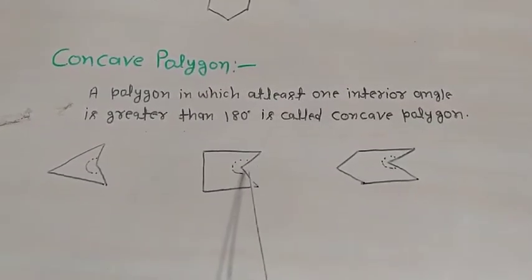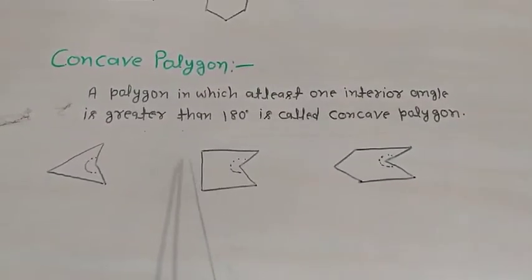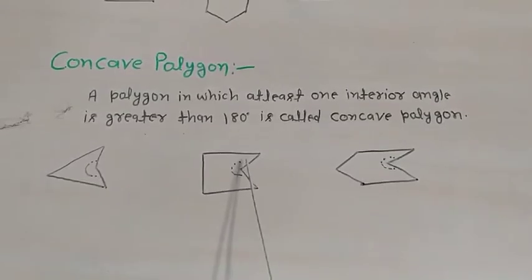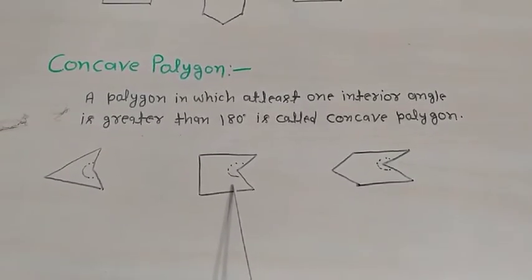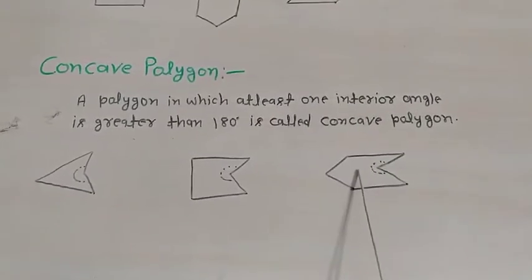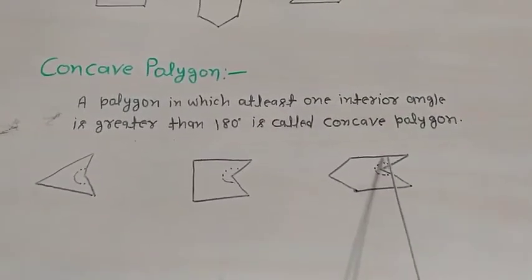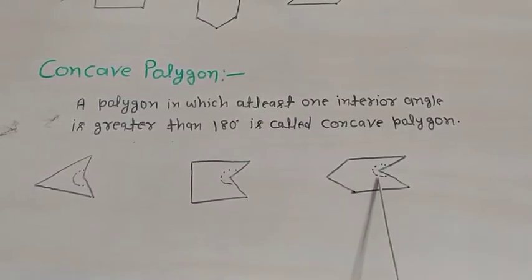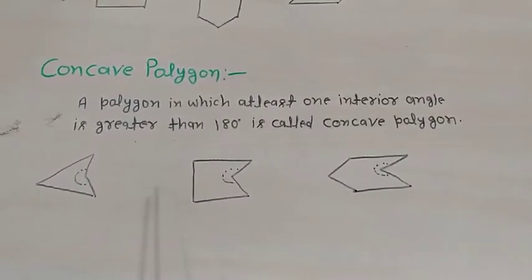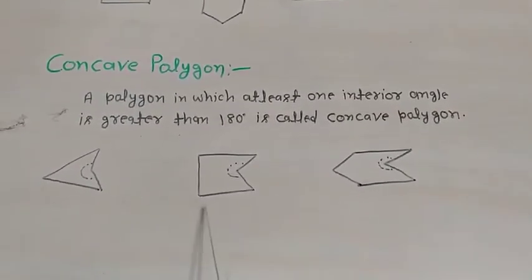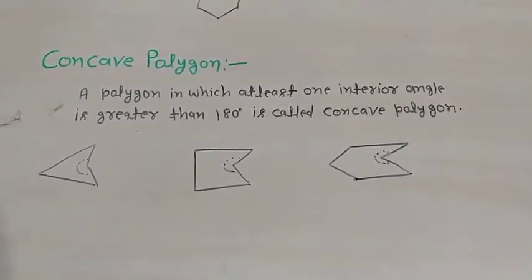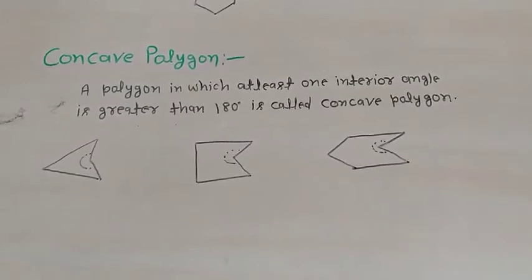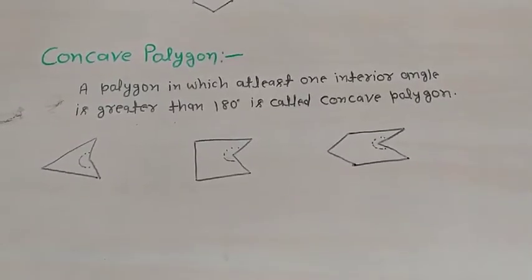Okay, here you can see in this polygon this angle is greater than 180 degrees, and in this polygon you can see this angle is greater than 180 degrees. So this is a concave polygon. Okay, and in concave polygons at least one diagonal is on the exterior side.